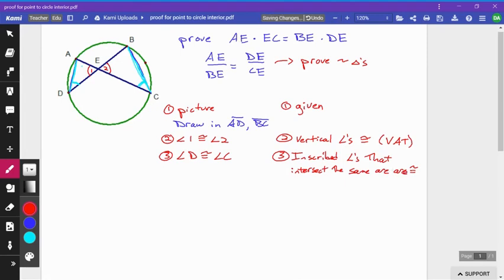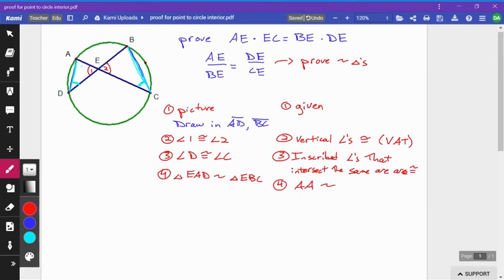Okay. So I know that I now have two angles congruent. So if I have two angles congruent, what I get is triangle EAD is similar to triangle EBC. And the reason is angle similarity.